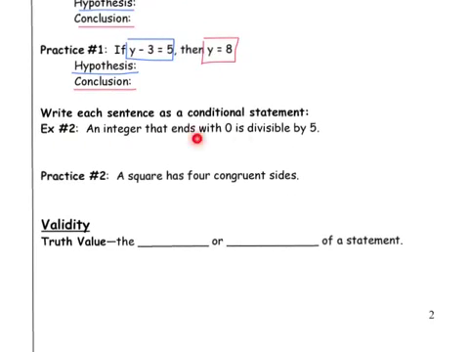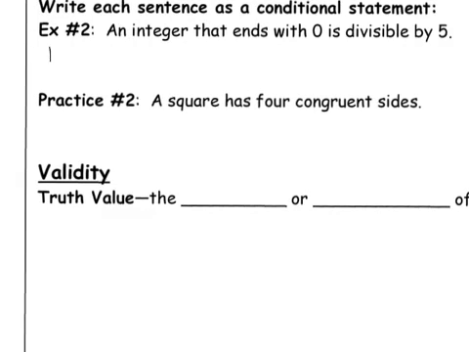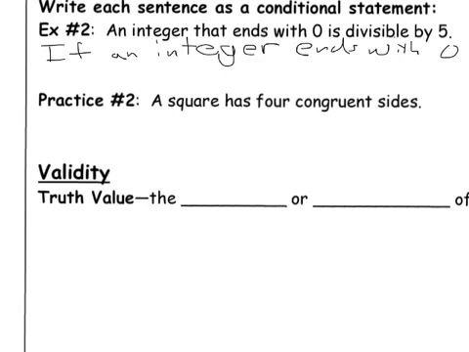let's write this as an if-then statement. So we have: an integer that ends with 0 is divisible by 5. So how could I write that as an if-then statement? Well, if an integer ends with 0, then it is divisible by 5.